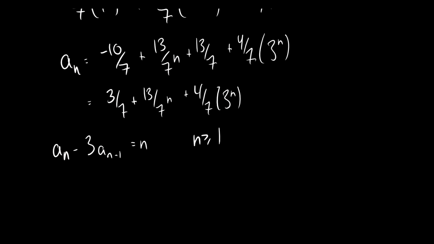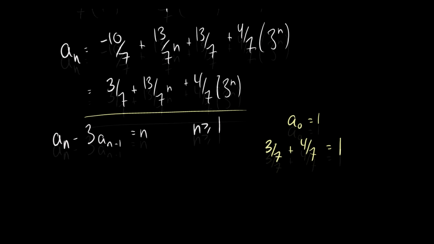So what do we know? We know that a0 is equal to 1. So does this work? Let's check. 3/7 plus 0 plus 4/7 times 3 to the 0 is indeed equal to 1. Okay, perfect.